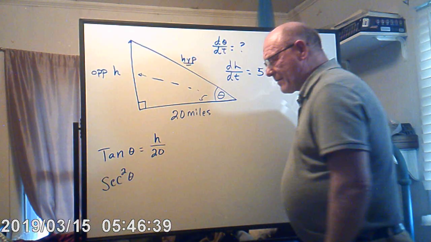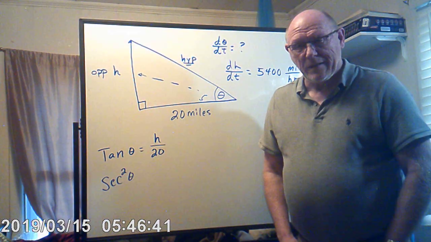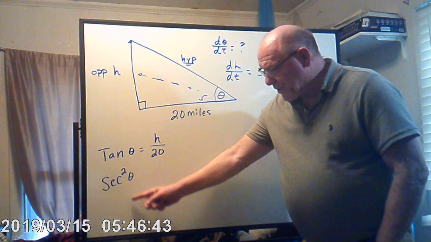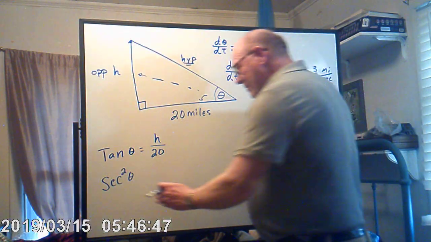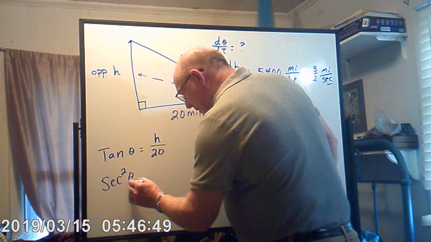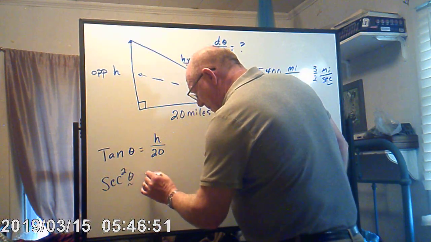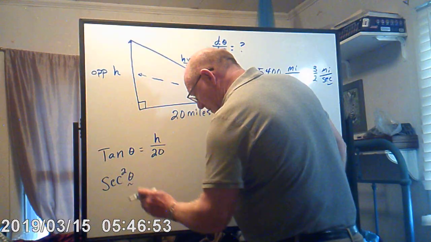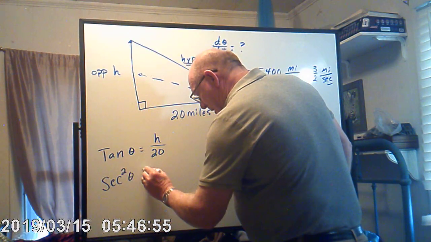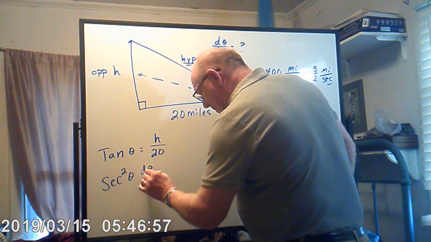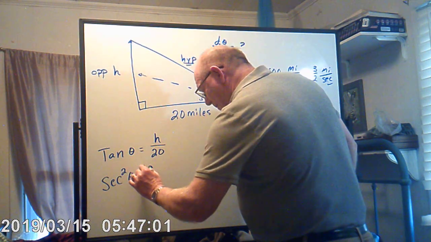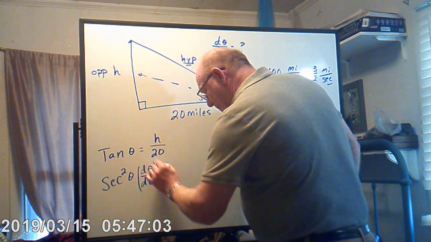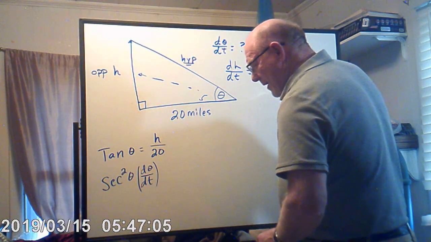I could go through and show you that this is true, but we're just going to go ahead with this. Now remember, when we take the derivative of this theta, we've got to take the derivative of the inside as well, so times d theta over dt. And that's really what we're looking for right here.